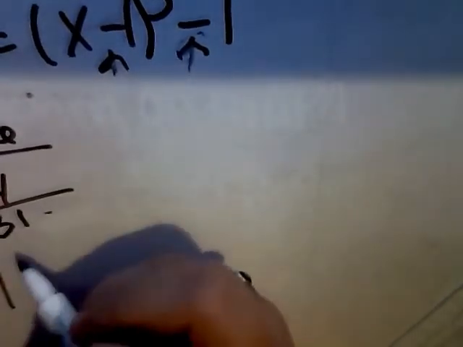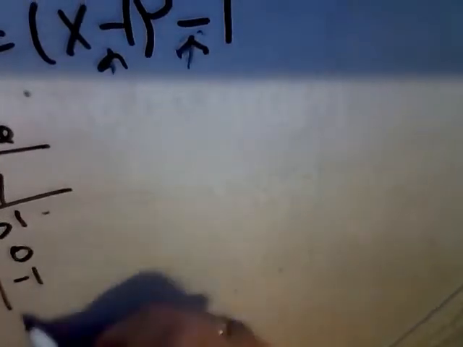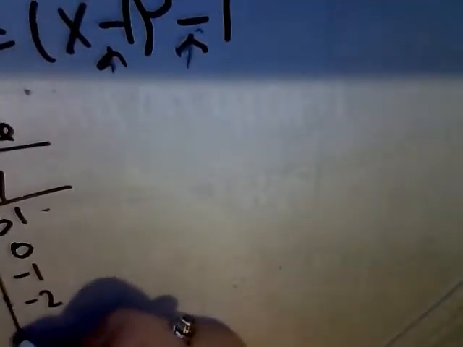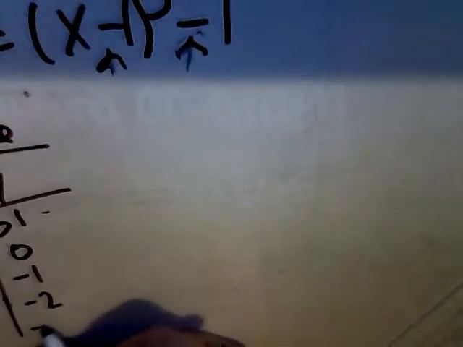If you plug in a 2, you get 0. 1, you get -1. 0, you get -2. If you do plug in a -1, you get -33.